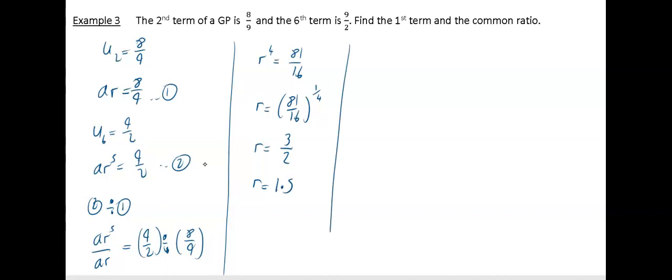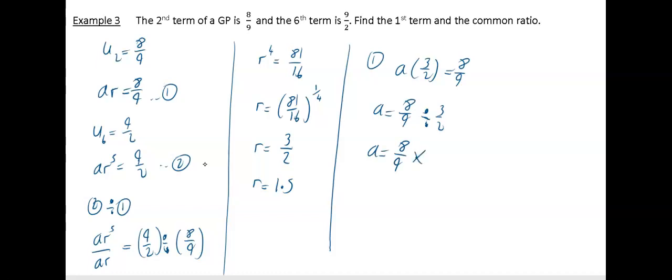Last thing for us to do is find a. So in equation 1, we now know my r is 1.5, I will write it as 3/2, is equal to 8/9. That means a is equal to 8/9 divided by 3/2. So we'll just do this out the long way, showing our working out. So you have 8/9, and dividing by a fraction, you flip it upside down and change the divide sign to multiply.